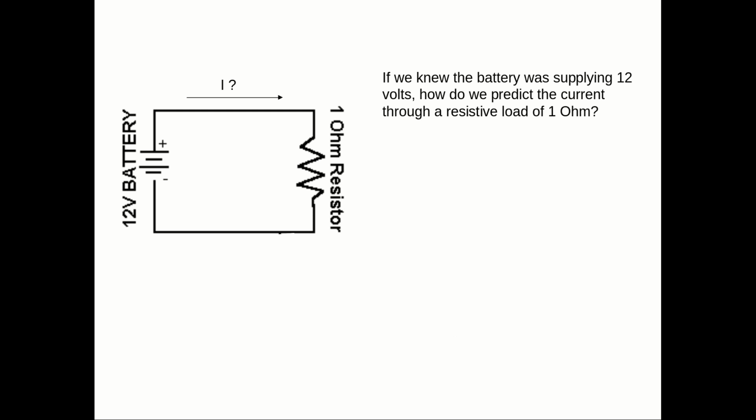Another example, here they ask for the I, which is the current. You have a 12 volt battery and a 1 ohm resistor. Then V equals IR, or I equals V over R. Then 12 over 1 is 12 amperes.